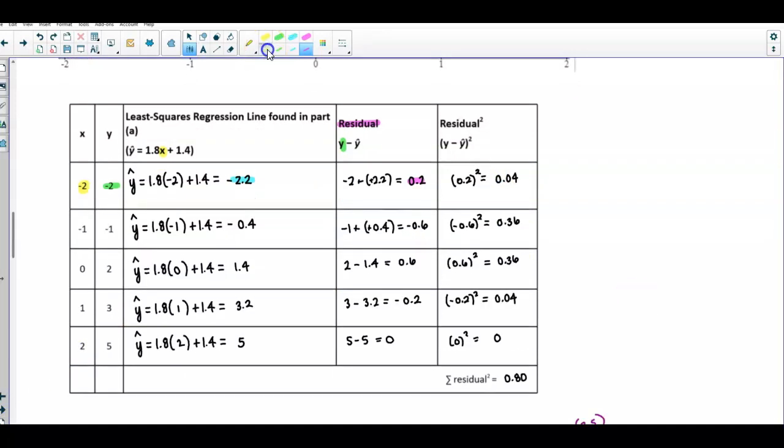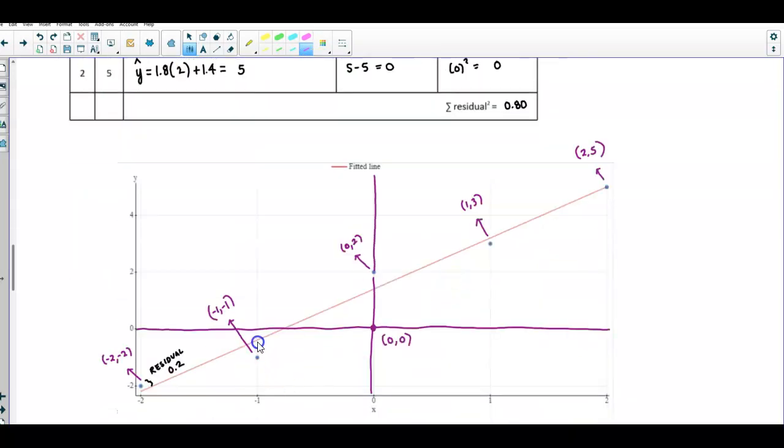Okay, so now let's go ahead and take a look at filling this in. We take the value of x, we plug that in to get this value, and then we're going to take our y value, which is -1. And then we're going to subtract the y hat to get the residual of -0.6. And if you notice, our next point is now below, -0.6.